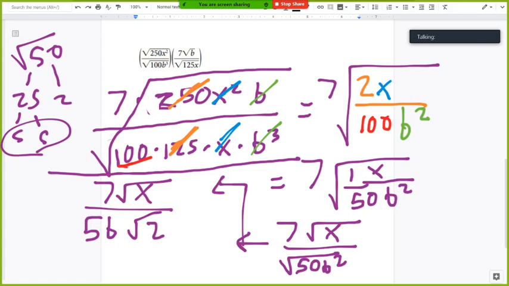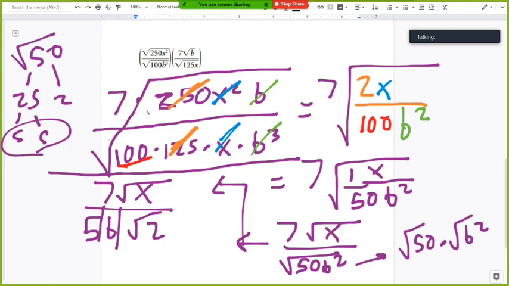I did the square root of 50 times the square root of b squared, but I also have to put absolute values there because I took an even root of a variable that came out with an odd exponent.